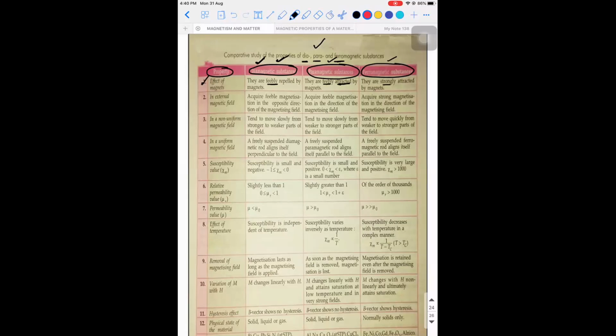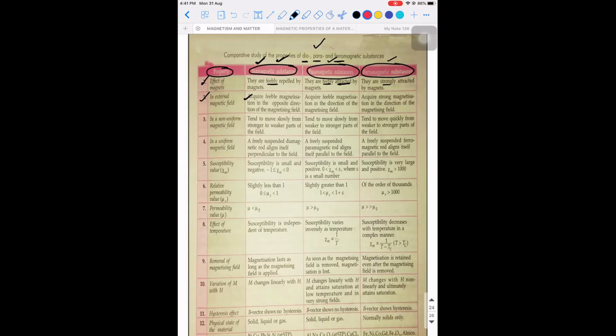Similarly, when you place it in an external magnetic field, what will happen to it? It will acquire feeble magnetization. What will happen to a diamagnetic substance is, a diamagnetic substance will acquire feeble magnetization in which direction? In the opposite direction of the magnetizing field, because it has to repel.